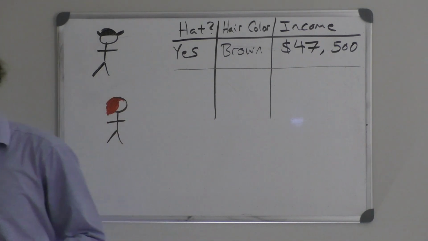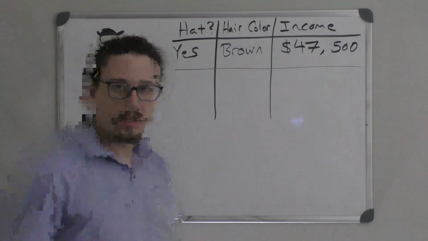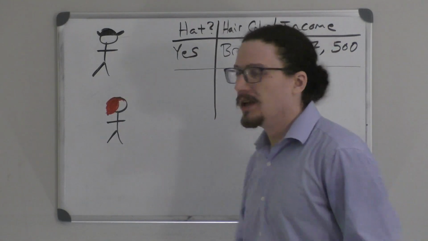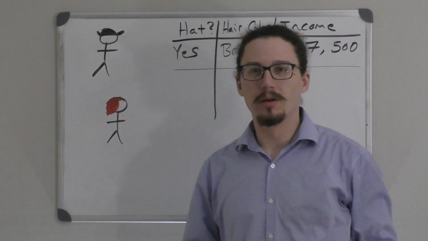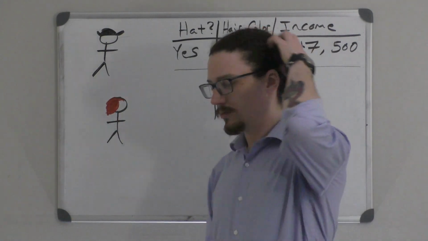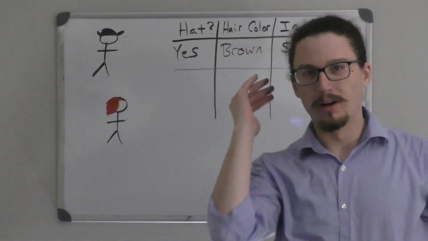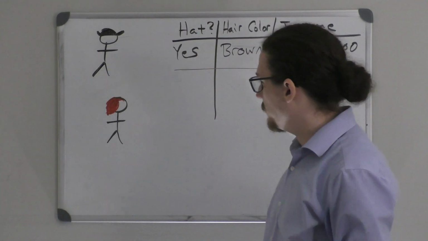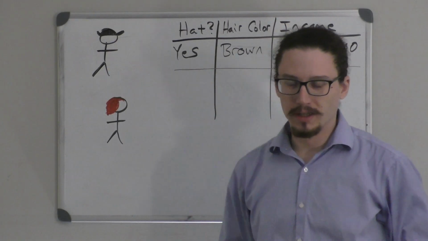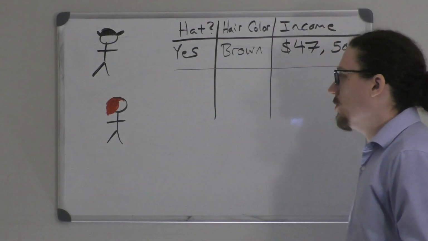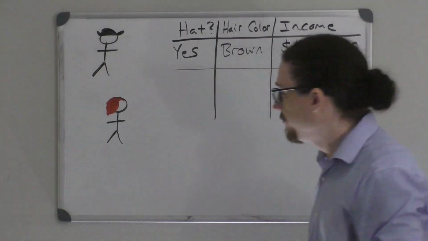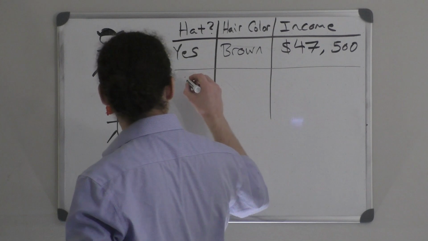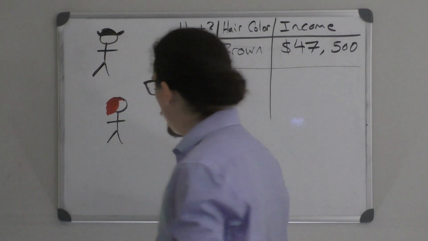All right, so we've got this next person. Actually, it doesn't matter how clearly you can see this. This is a person with, you know, a shaved head and the hair swooped down. So we ask this person, are you wearing a hat? They say no, because it doesn't appear as though they are wearing a hat.